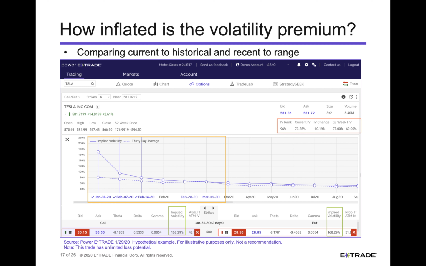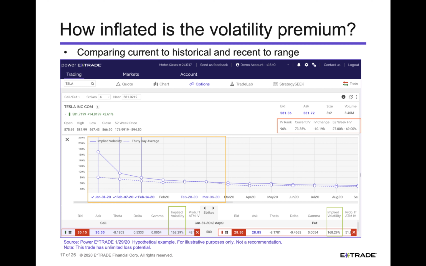And I've got the implied volatility for the 580 put at 168.29. So these options are very, very overpriced based on a Black-Scholes historical model. But that's because historical models don't know what's going on with Tesla, don't know about the earnings that are coming up in 2 days.